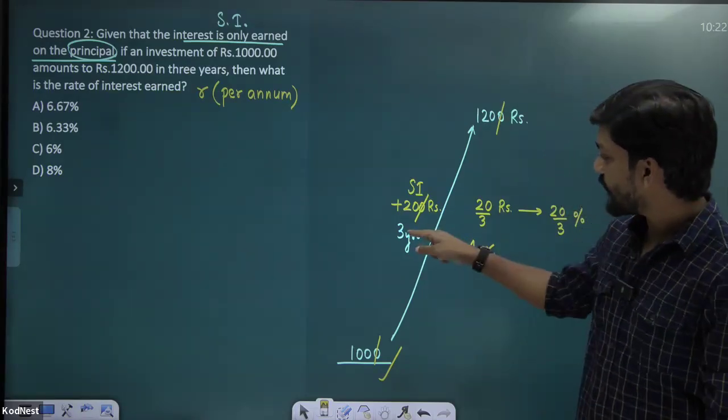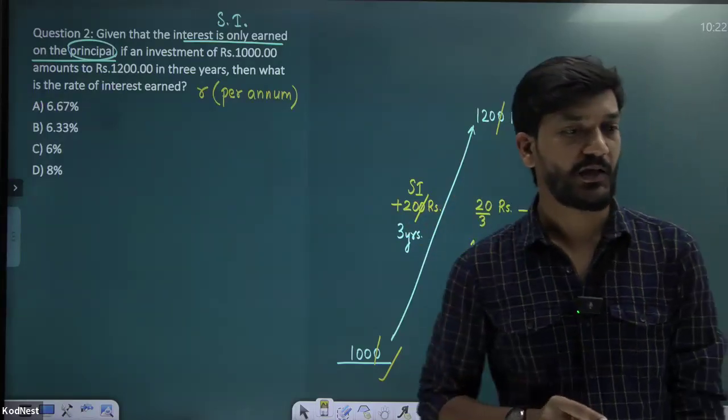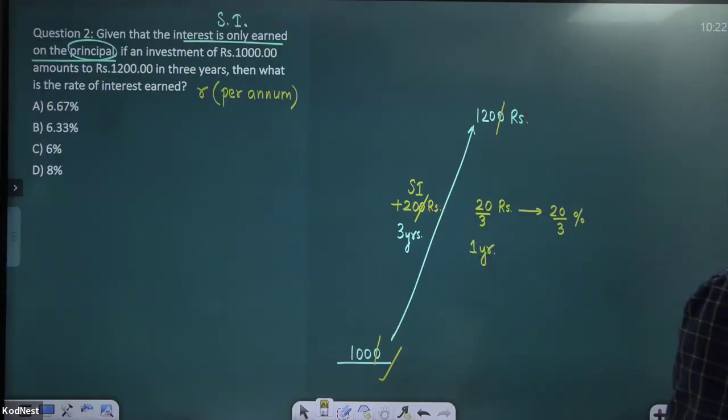Yes, if time is 1 year, you can say 20%. Correct. If time is 3 years, you will have to change it.